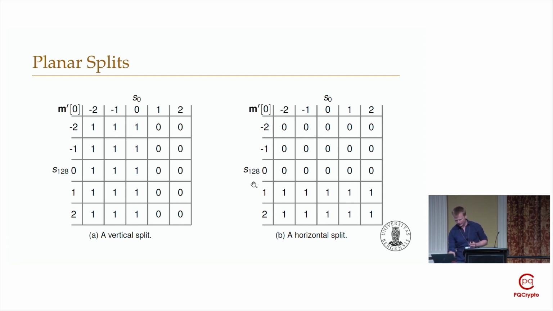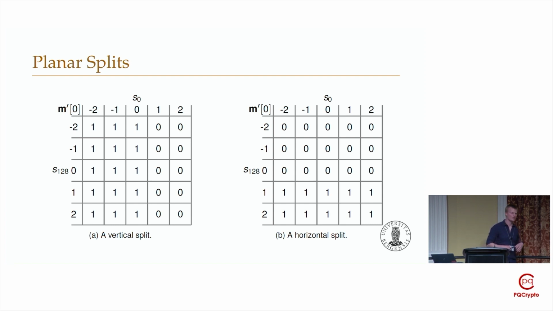Here, we would learn that S128 is either 1 or 2, or 0, -1, or -2. So these two, they actually don't generalize anything. This is just a 2-dimensional picture of doing something in 1 dimension.